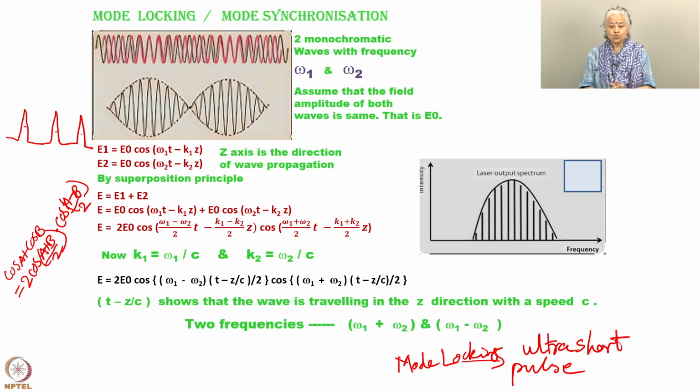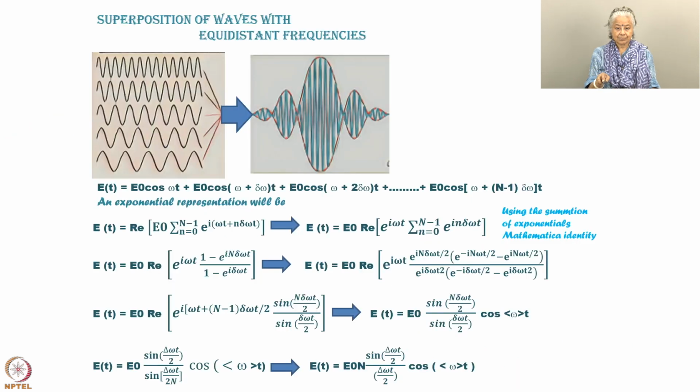So, I started off with two modes. Now, let me take all the modes. Let us assume that all the modes are synchronized. Okay, so I start off here. So, in the picture I have shown 1, 2, 3, 4, 5 modes which combine together, which will be superimposed, and they give you this sort of a wave structure at the end of it.